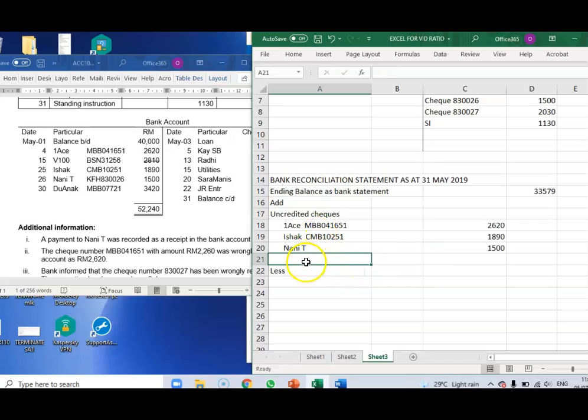And the last one, the uncredited checks by payment. I mean, the money we received from Joanna. Oops, sorry. I forgot to write the reference number, 07721.